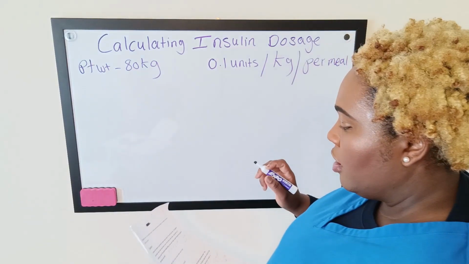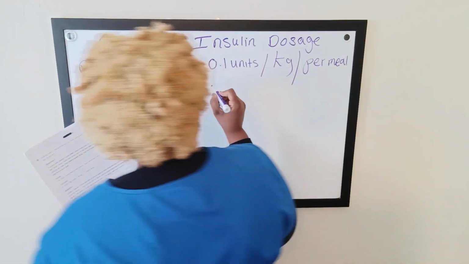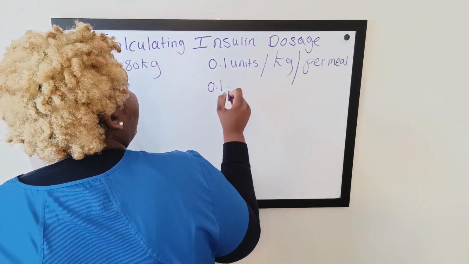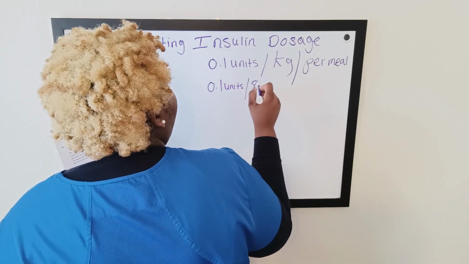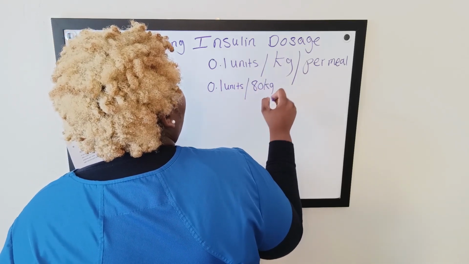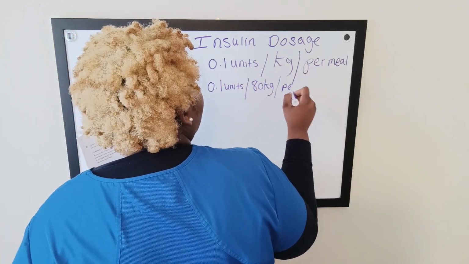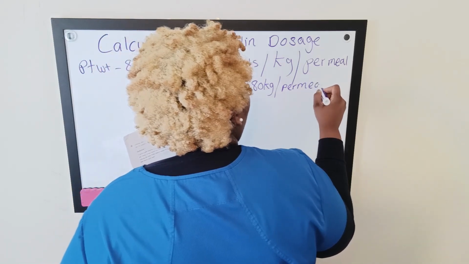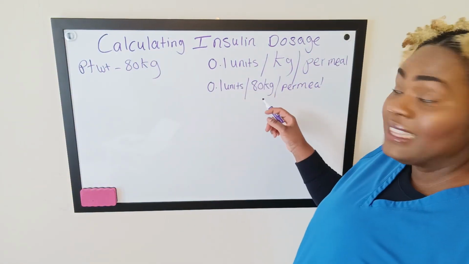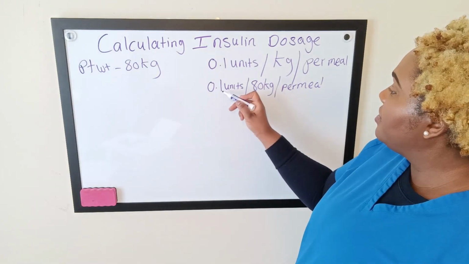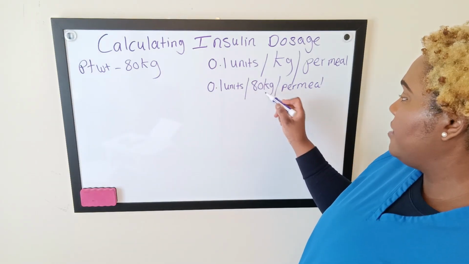Okay, so it means that it's going to be 0.1 units for our patient, because our patient weighs 80 kgs. So if our patient weighs 80 kgs, it means we will be multiplying 0.1 by the 80.